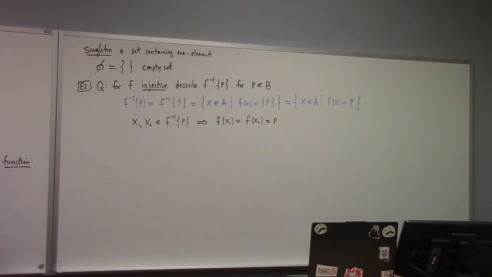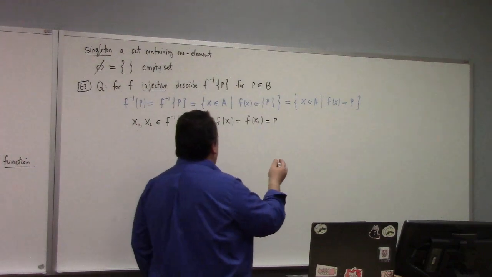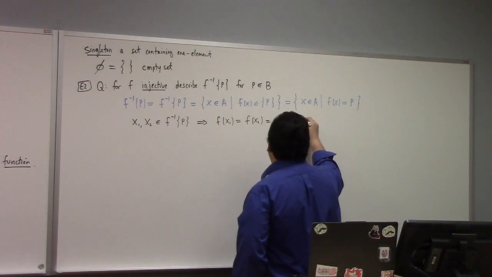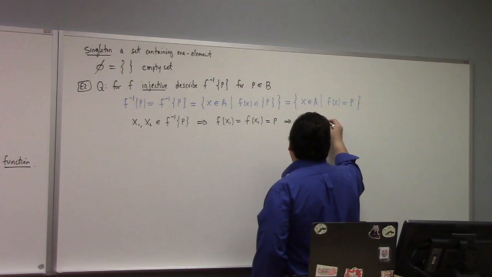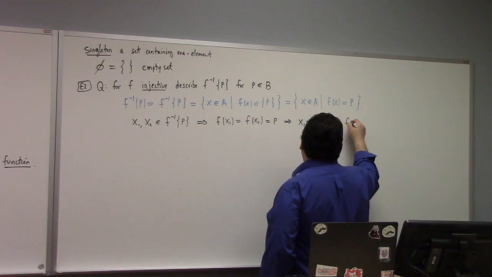But f is injective, therefore what can we say about x1 and x2? They're equal. That's right. So that implies that x1 equals x2 since f is one-to-one.